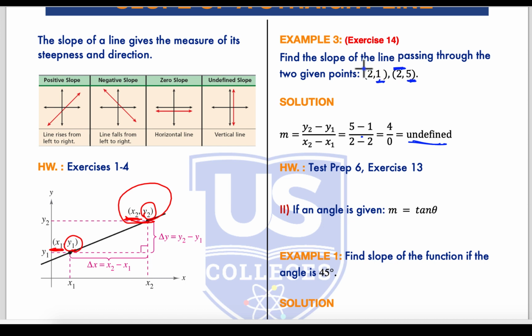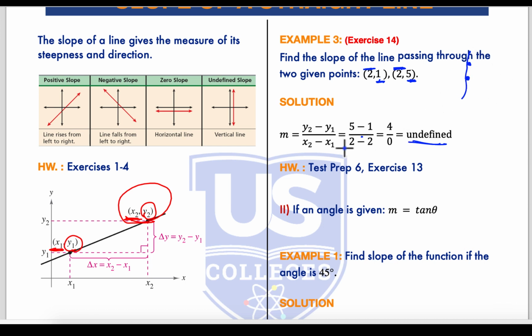See, its x value is 2 for both of the points. First point has 2 as an x value. Second point also has 2 as an x value with different y. So when I connect them, I get a vertical line. So slope of vertical line is undefined.